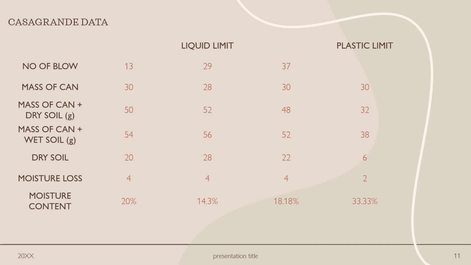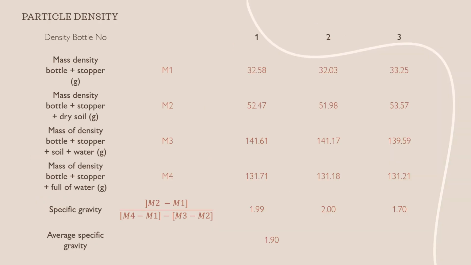It is the same way to find moisture content for the plastic limit, by referring to the liquid limit. For particle density, we measure the mass of density bottle plus stopper, mass of density bottle plus stopper plus dry soil, mass of density bottle plus stopper plus soil plus water, and mass of density bottle plus stopper full of water.